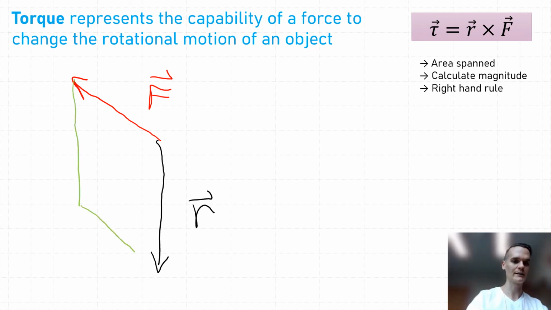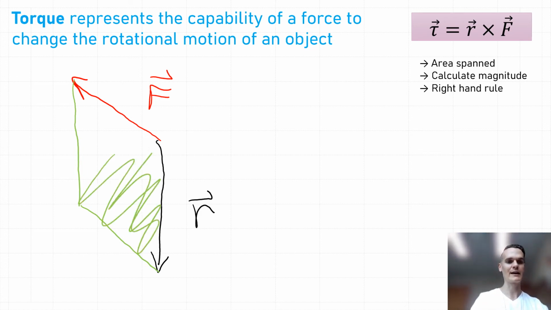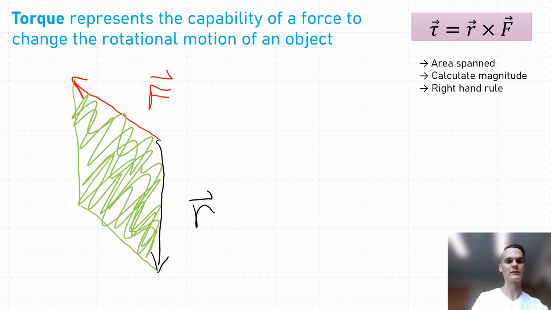So we draw in the other two sides here, and we shade in the area of the parallelogram, and the area of the parallelogram represents the magnitude of the cross product. So this parallelogram exists. It has an area that can be defined. And as a result, we know that the cross product exists as well.